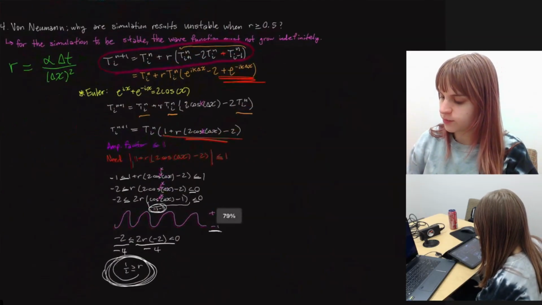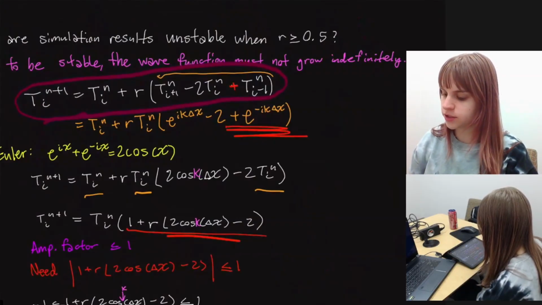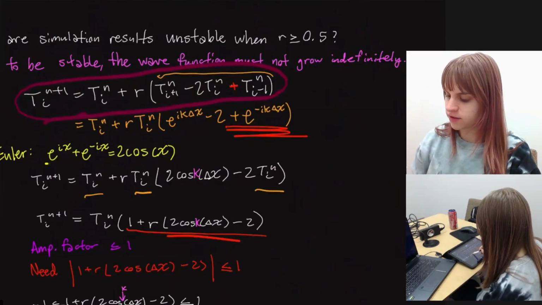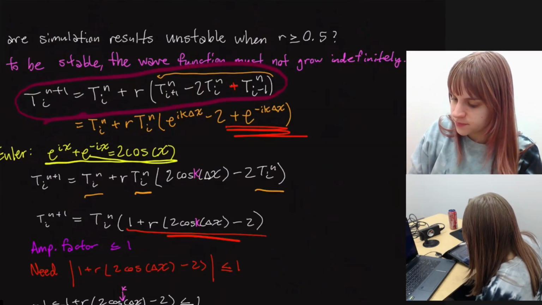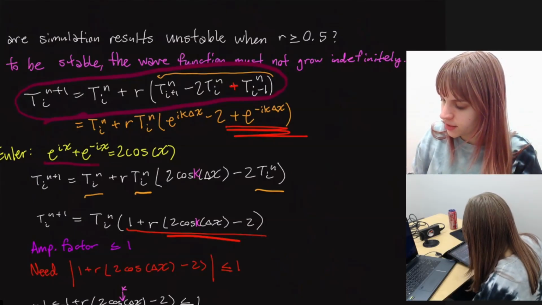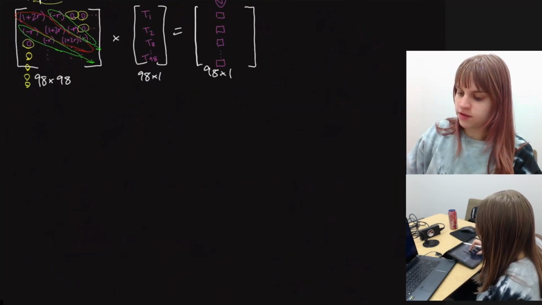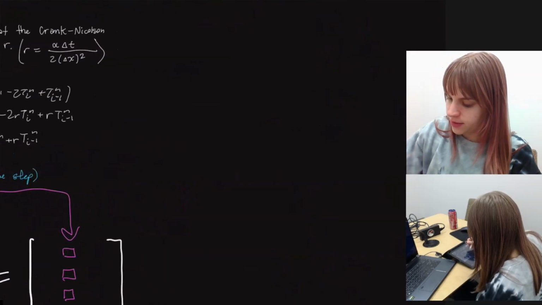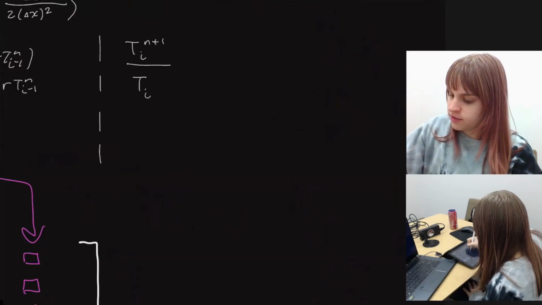From the previous homework, we're going to do something very similar, except now we have more terms. So, like I said, I'll choose a different color. This time, I'll do it over here. We can take the ratio of Ti to the n plus 1 over Ti to the n.